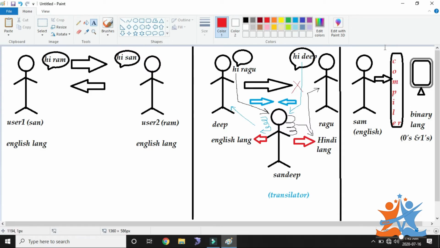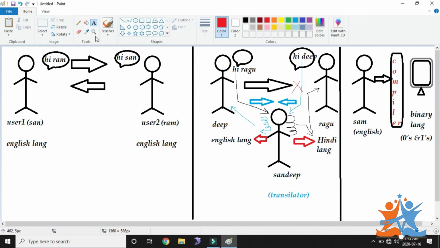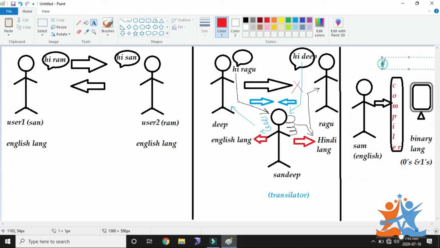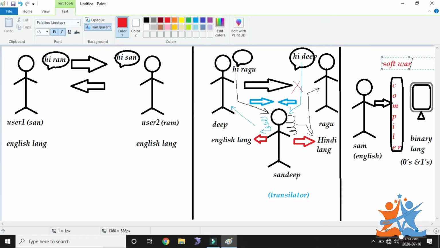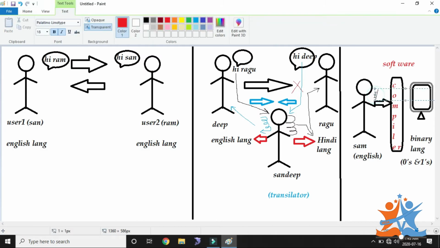The compiler is a software. This compiler software takes the English format of code.